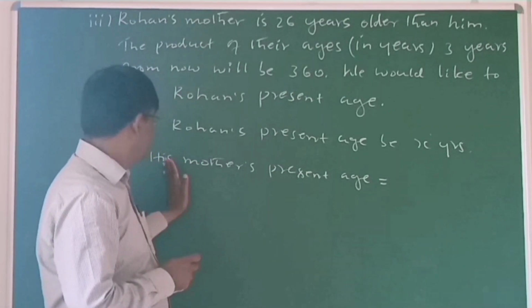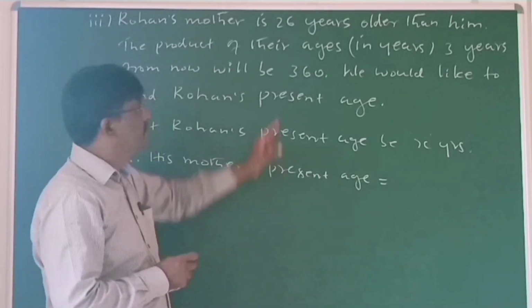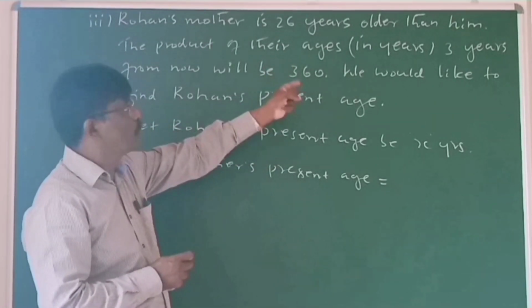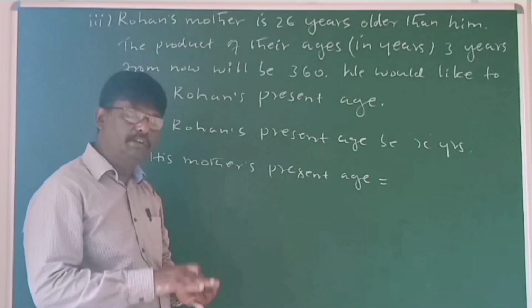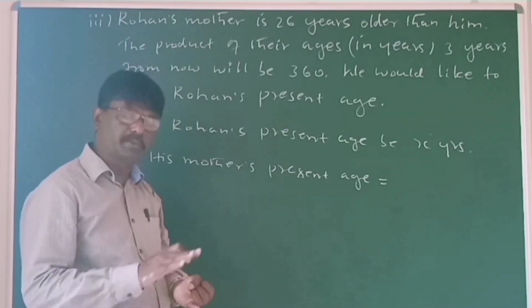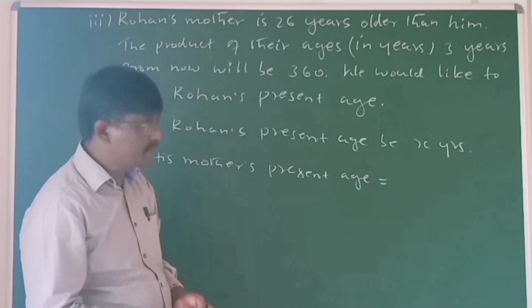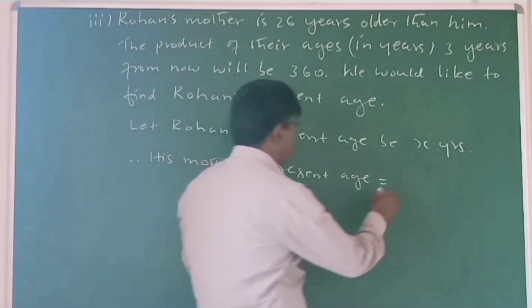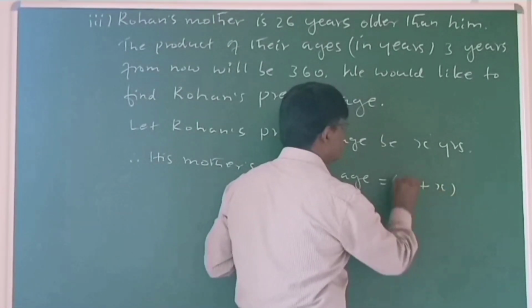If so, then his mother's present age is 26 years older than him. Is it 26 into x or 26 plus x? It is 26 plus x. Okay. So therefore, 26 plus x years.